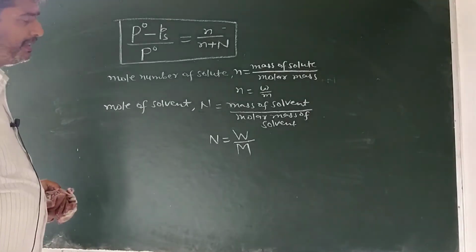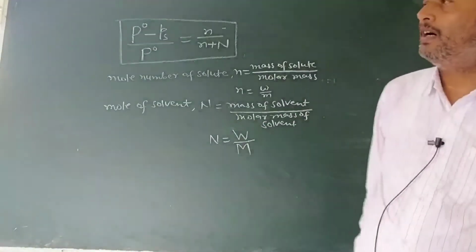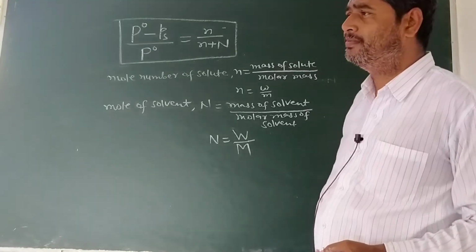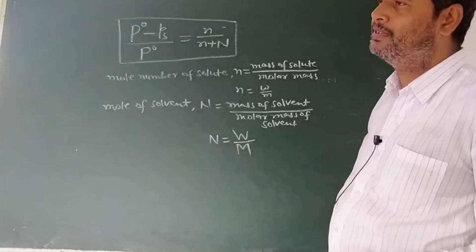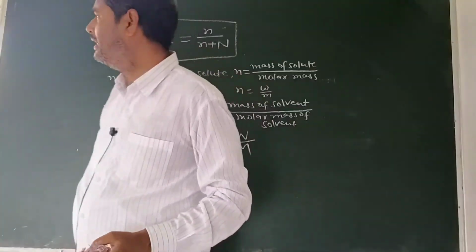If the solution is very dilute, that is the mass or mole number of solute is very minimum compared to that of the solvent, then small n may be neglected.